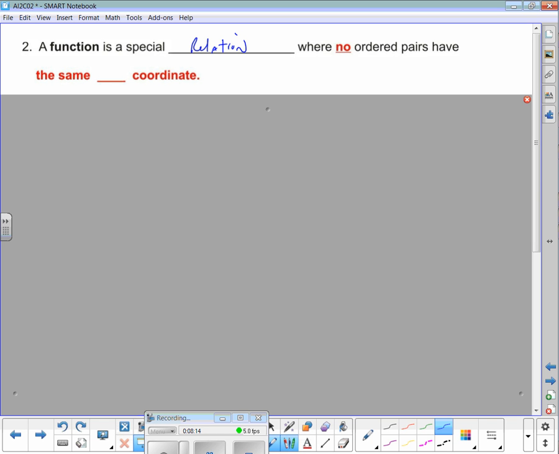However, there's one more stipulation. Are all functions relations? Yes. Are all relations functions? No. A function is a special type of relation, meaning a special condition. It's a set of pairs where no ordered pairs have the same x-coordinate.